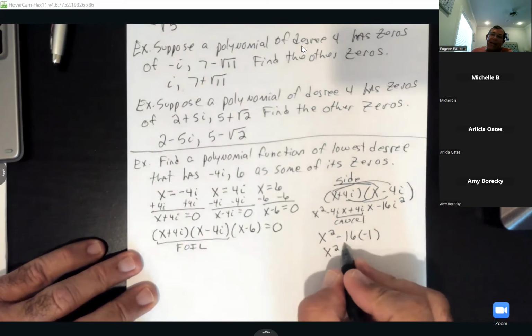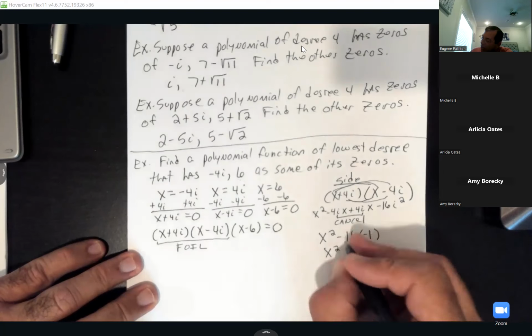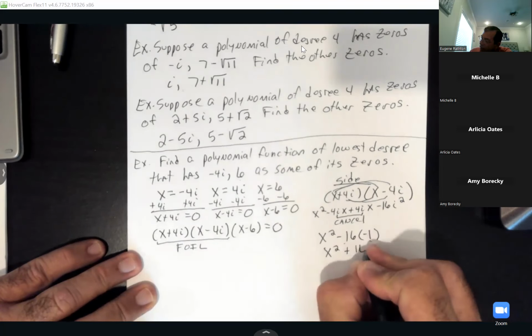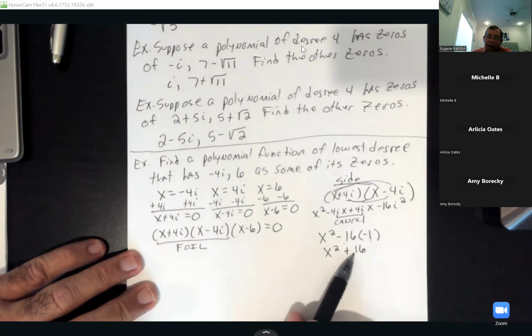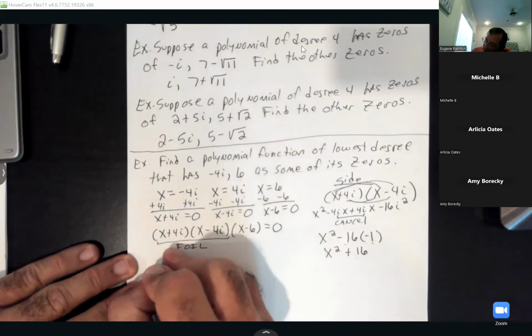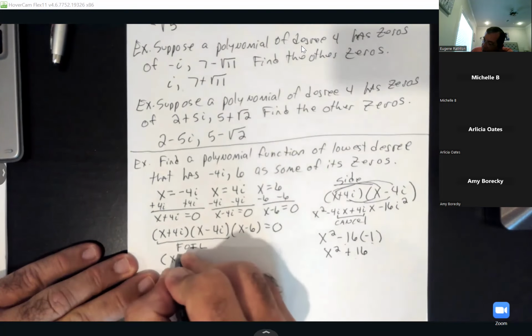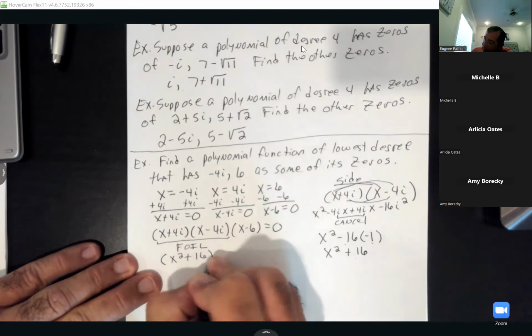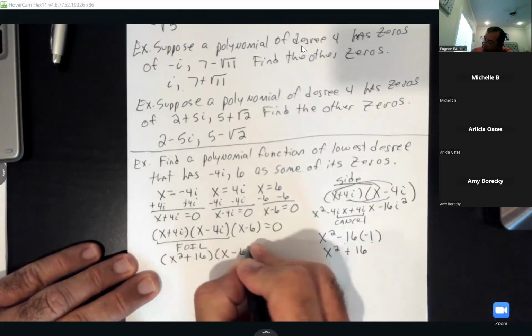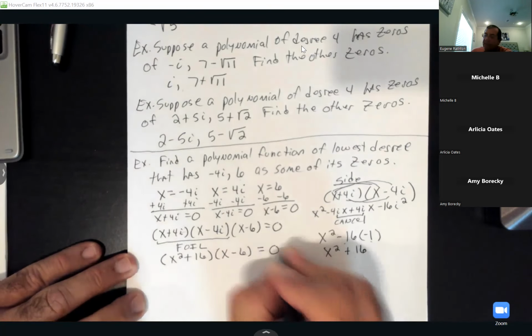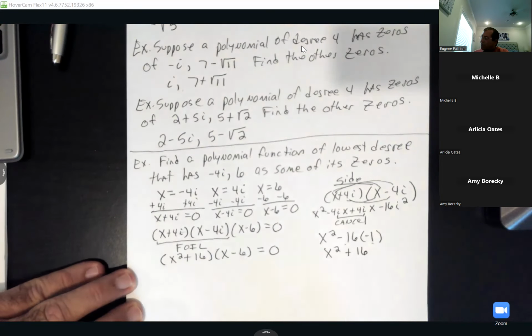That 16 was negative, but when you multiply by that -1, we'll make it a positive 16. So the imaginary stuff always has to end up positive, okay? So y'all, let's fit that in here. X squared plus 16 takes care of those. And then I still got my x minus 6. All this equal to 0 at the moment.